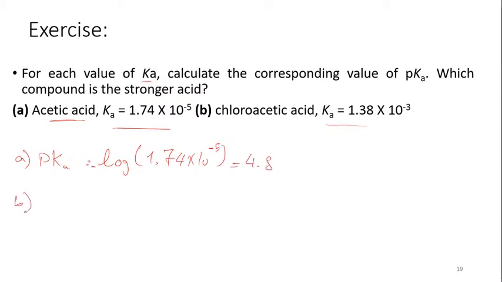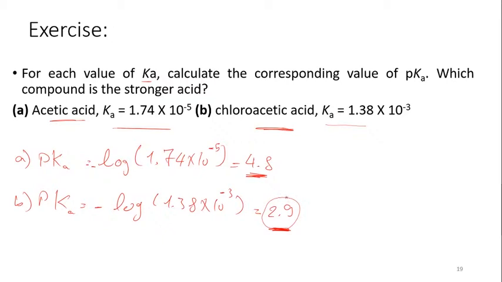If I calculate the pKa of chloroacetic acid, it would be equal to the minus logarithm of 1.38 multiplied by 10 to the minus 3. If I use my calculator, I find that the value is equal to 2.9.